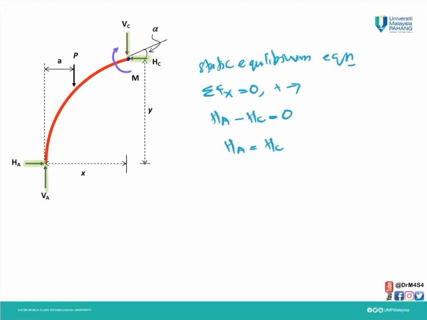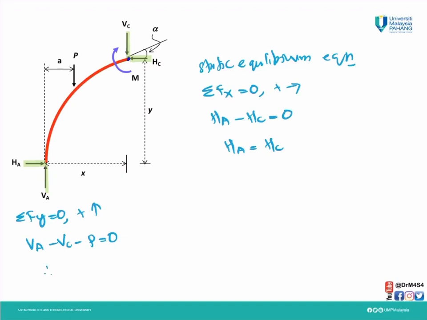Then we take summation Fy equal to 0, positive upward: VA minus VC minus force P equal to 0.